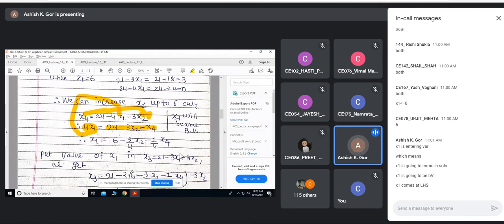Divide both sides by 4. I get x1 is equal to 24 by 4, which is 6, minus 3 by 4 x2 minus 1 by 4 x4. Which means I am making x1 basic. And what are non-basic now?